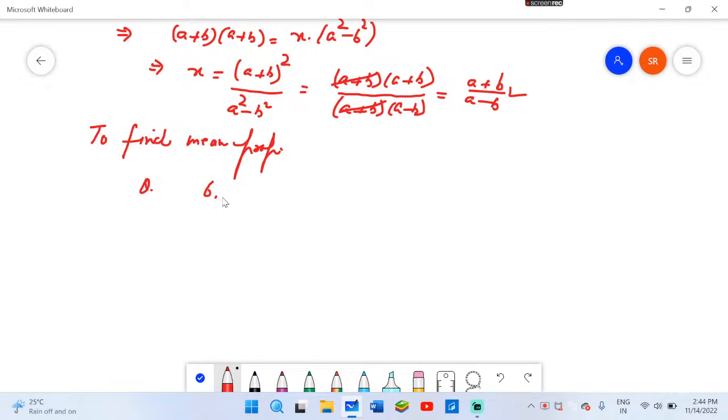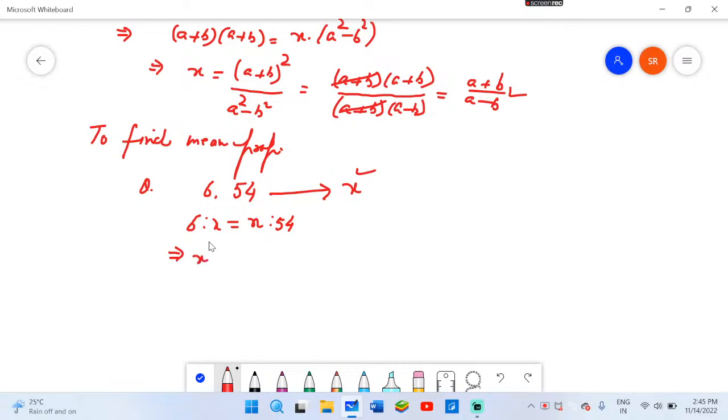The numbers are 6 and 54. Let the mean proportional between them be x. If x is the mean proportional, then by definition we must write 6 is to x, the same as x is to 54.